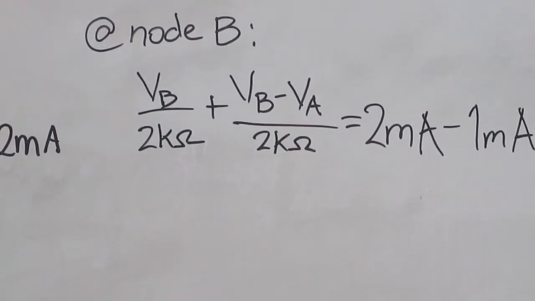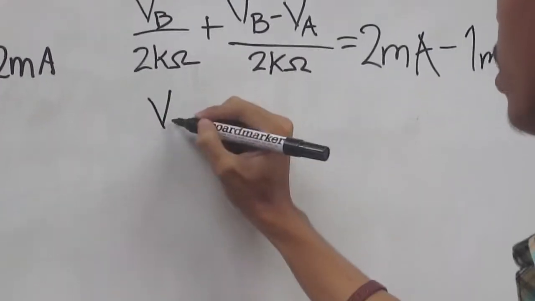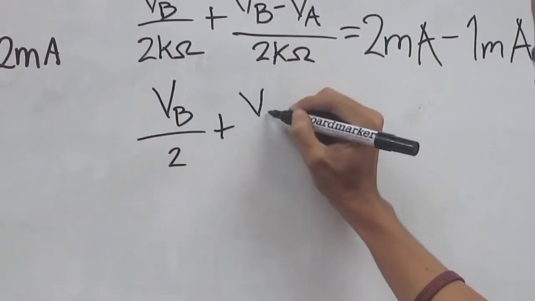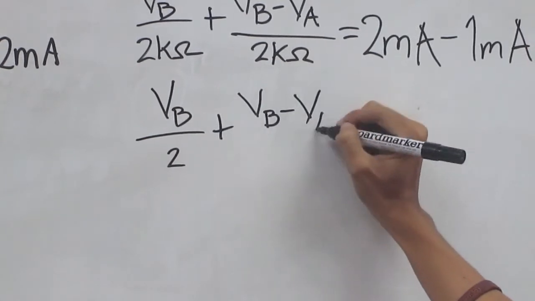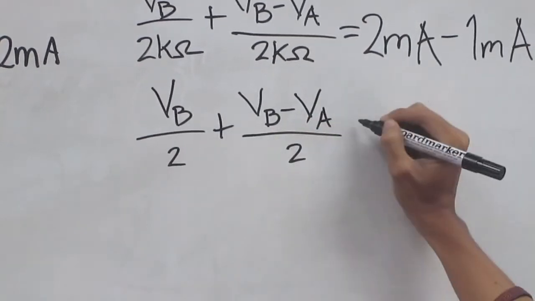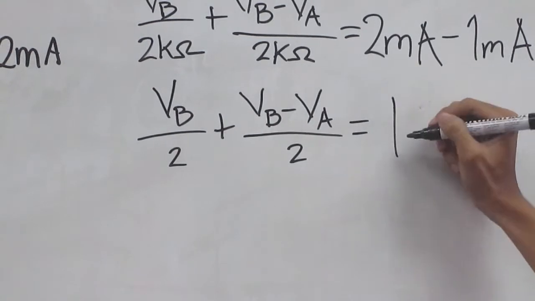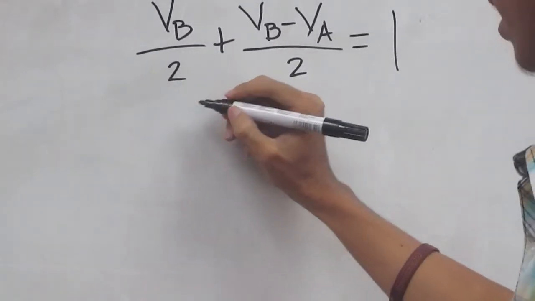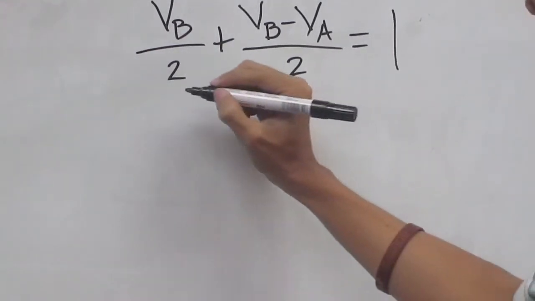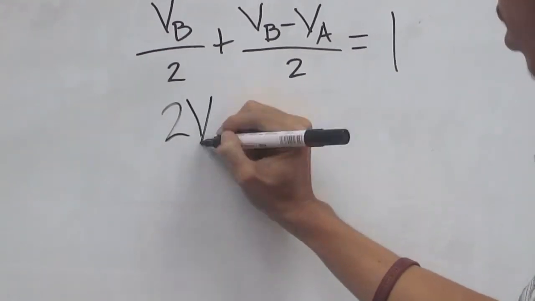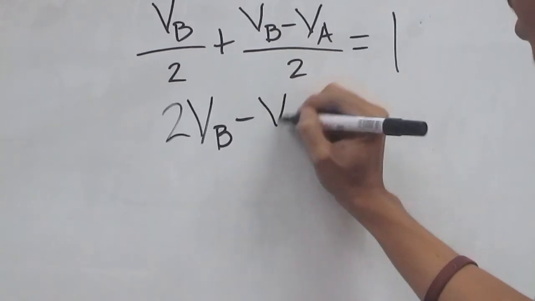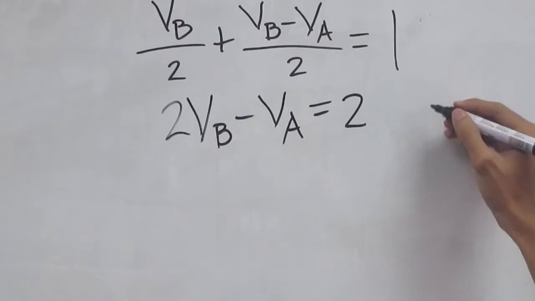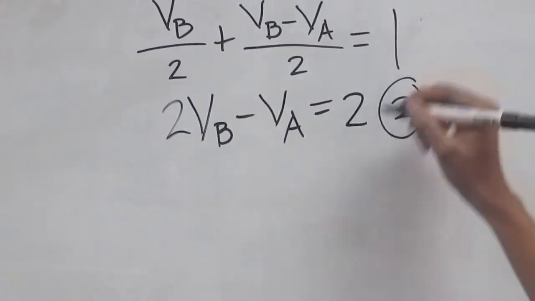Then simplifying this equation, we get VB over 2 plus VB minus VA over 2, and is equal to 1. Simplifying further, we get 2VB minus VA is equal to 2. And this will be our equation 2.